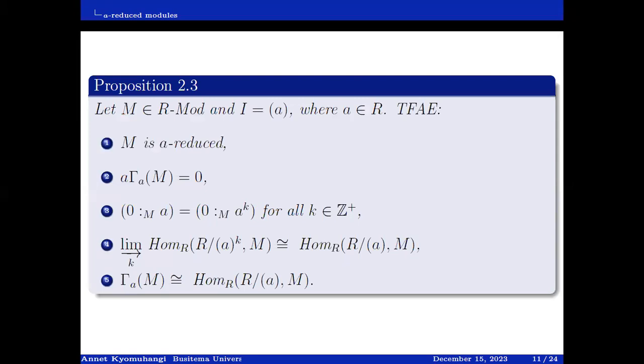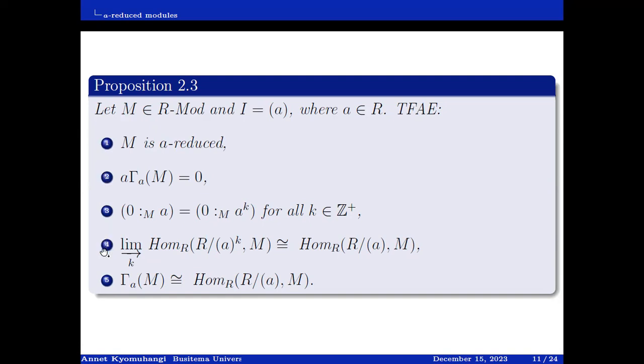We carry on and now look at how we can relate the modules being a-reduced to the a-torsion module, the a-torsion submodule. So we find that if you have an ideal which is a principal ideal just generated by an element a in R, then we have the following equivalence.